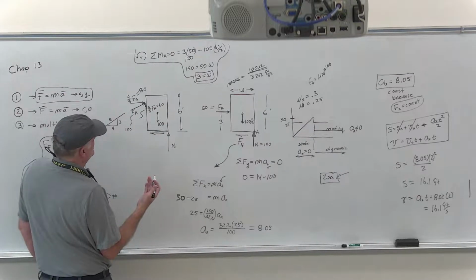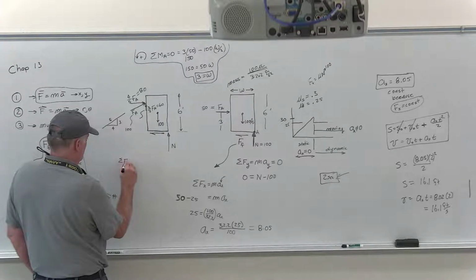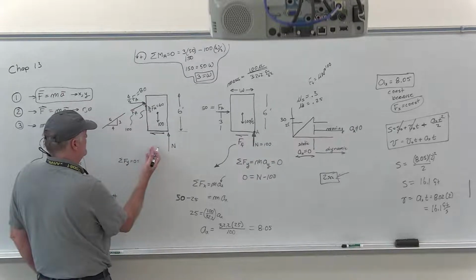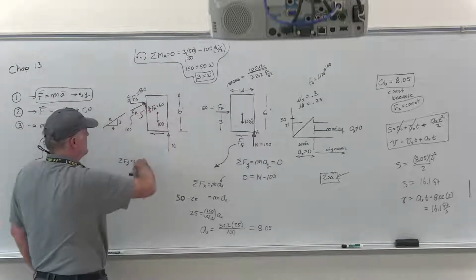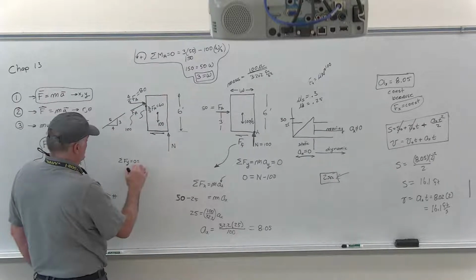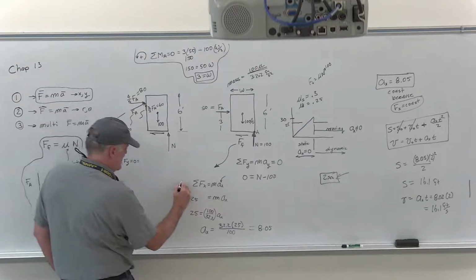So now all you're doing is the sum of the forces in the y equals 0. Why is it 0? Because it's not jumping off the ground or going through the ground, so it's not accelerating in the y. I should have been doing that too.